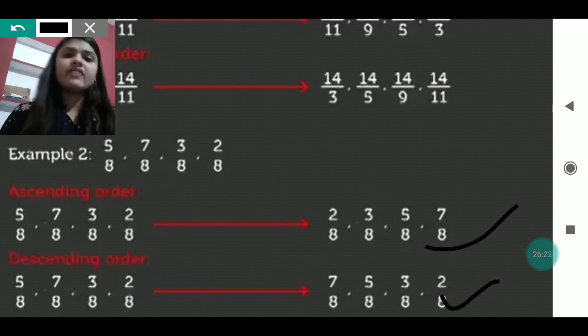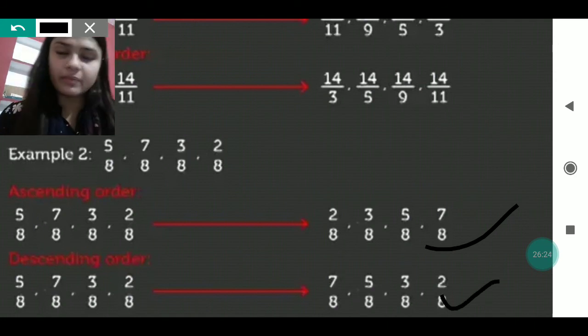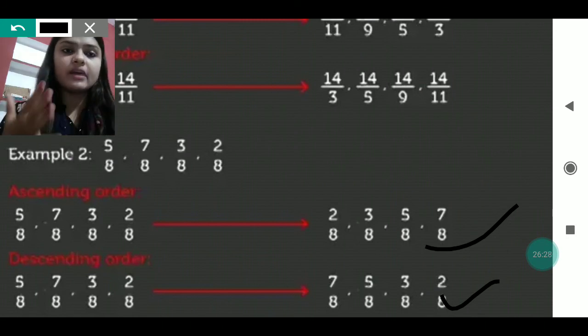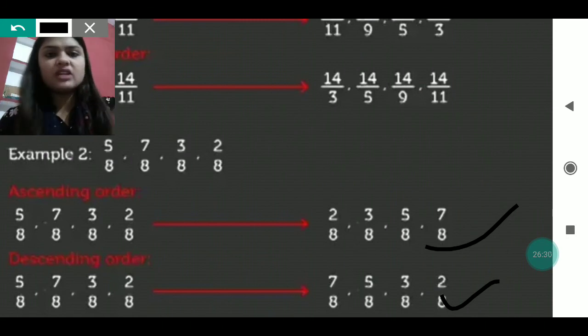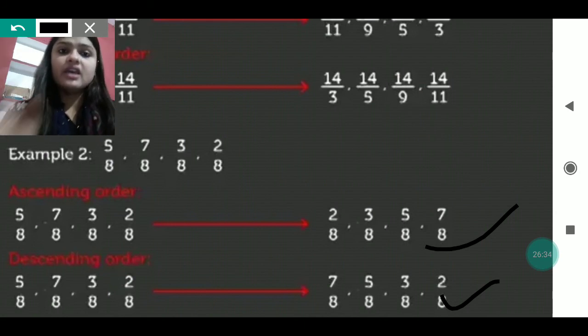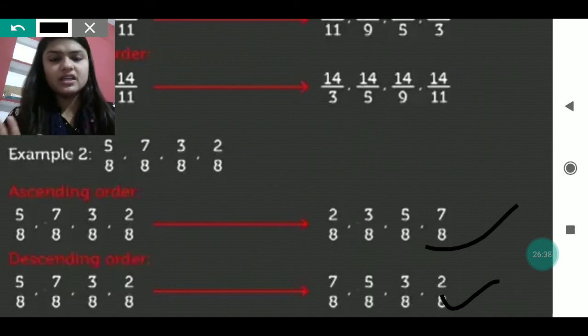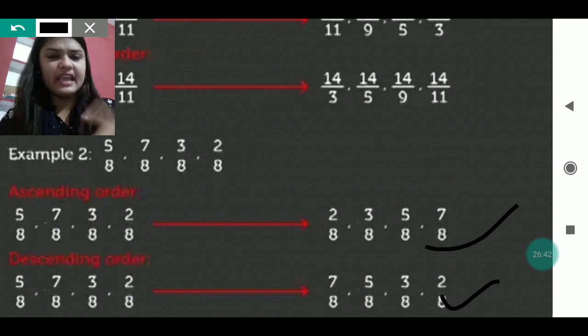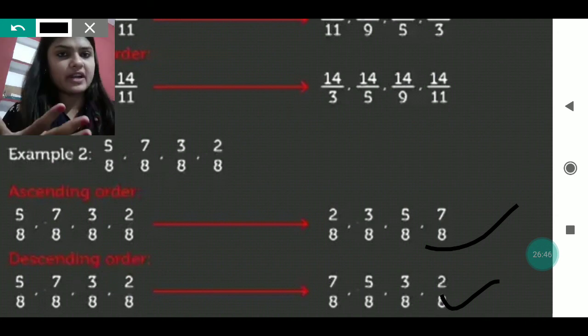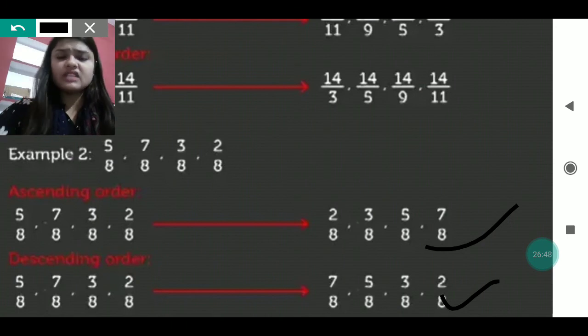So like this we have completed. This is how we compare the numbers. When the same denominators are there, we just have to compare the numerators. The greater numerator will become the greater, and the smaller numerator will become the smaller.